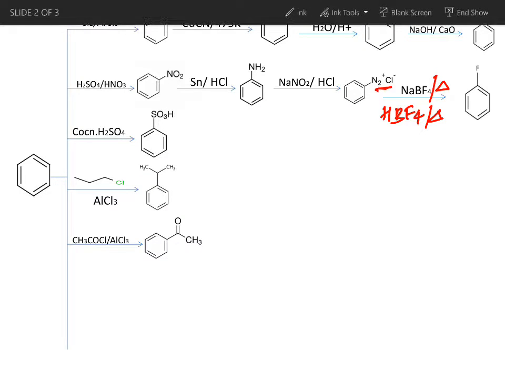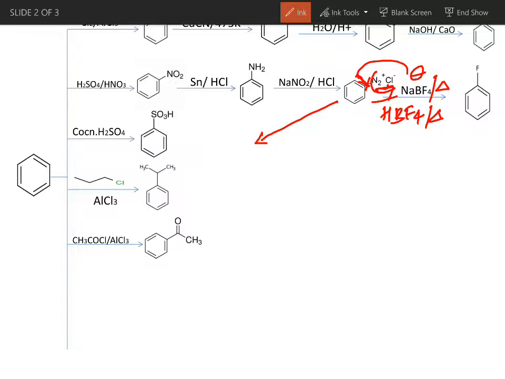Here fluorine will get introduced on this carbon, and N2Cl will get left over. Not only this reaction, benzene diazonium chloride acts as an important intermediate.